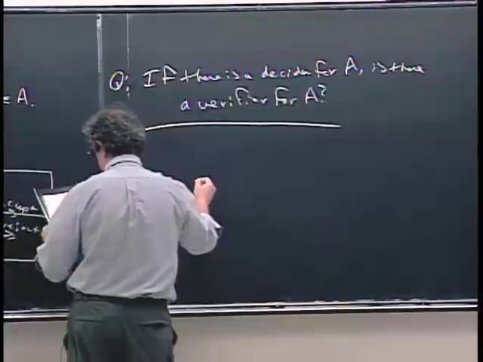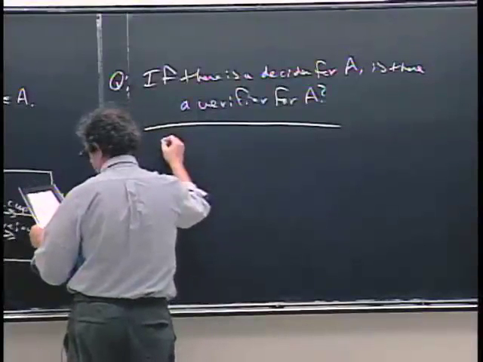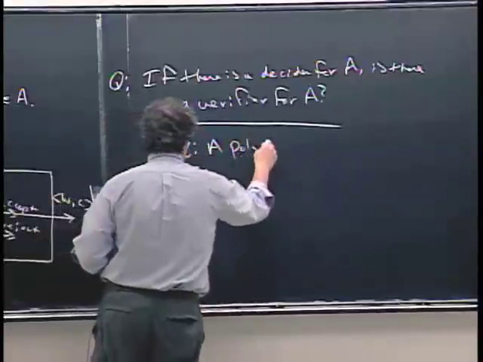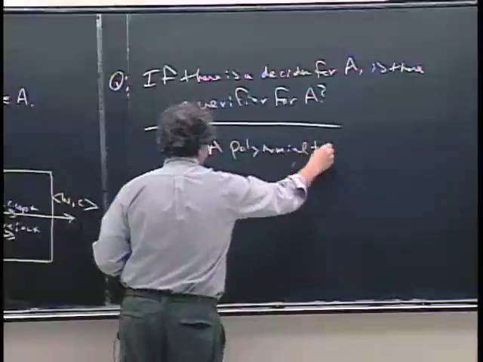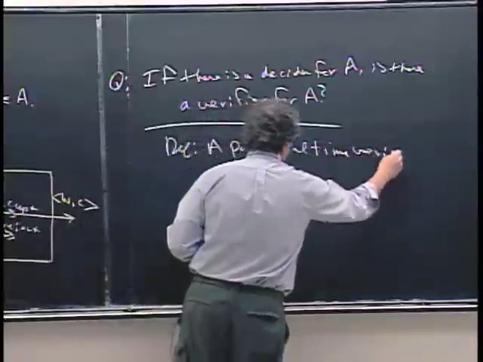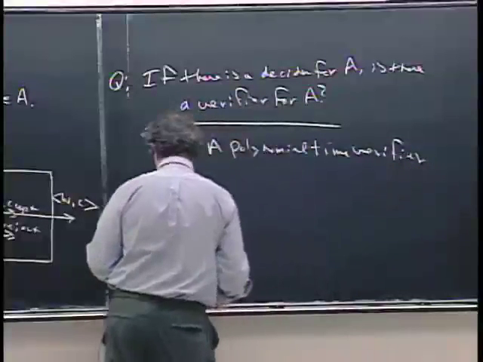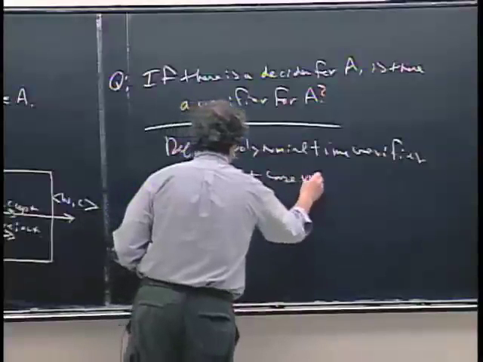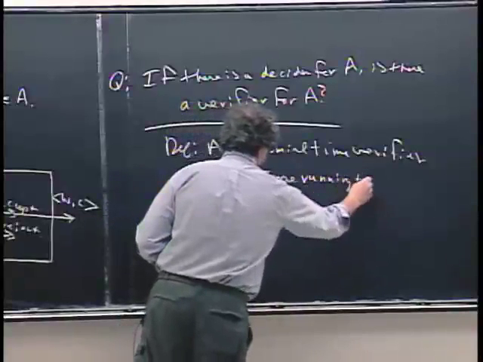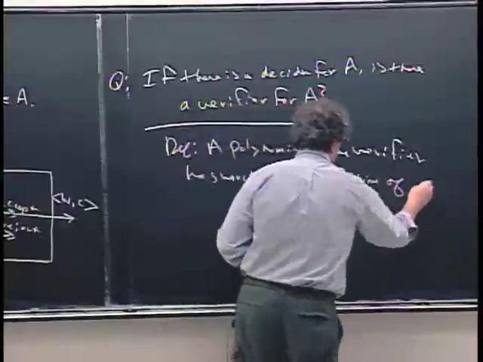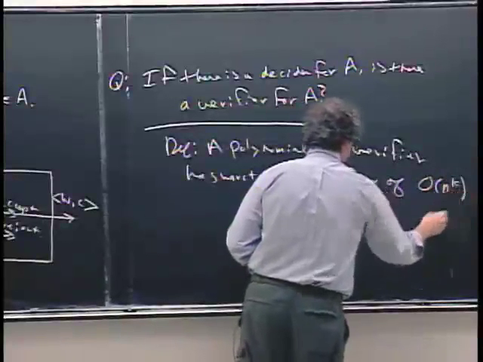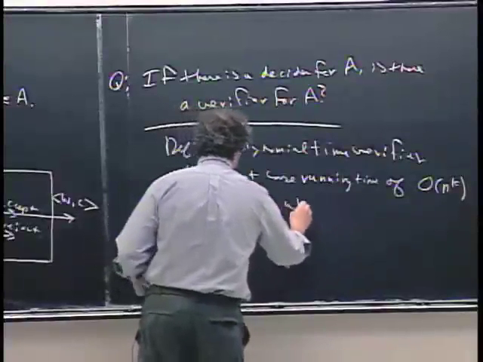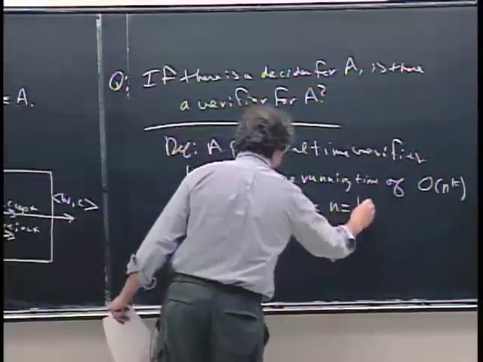The definition of a polynomial time verifier: it has worst case running time of order n to the k for some k, where n is the size of the input.